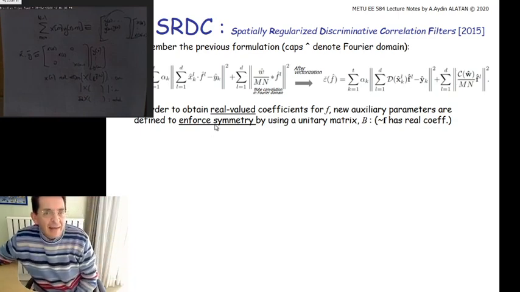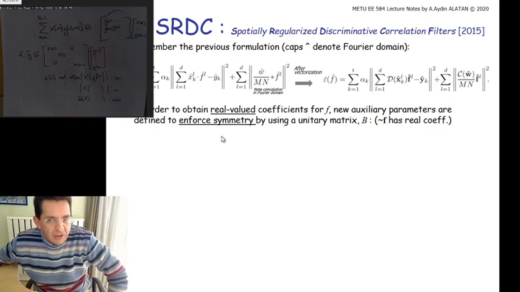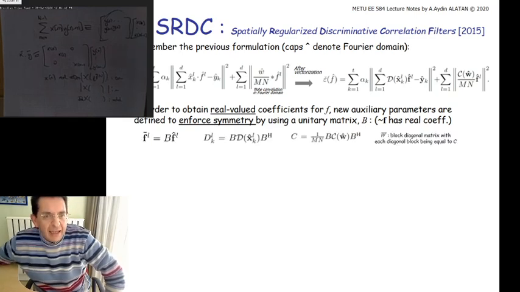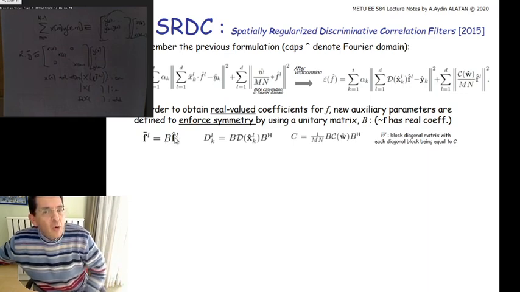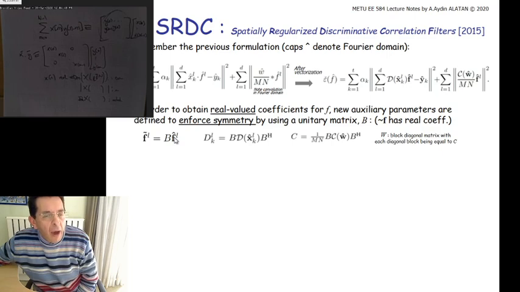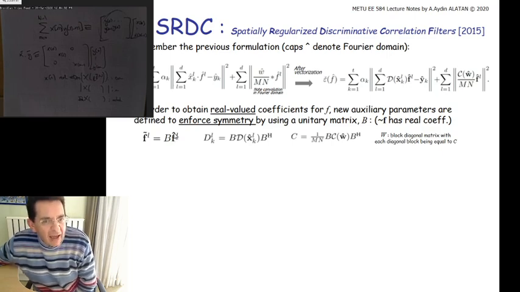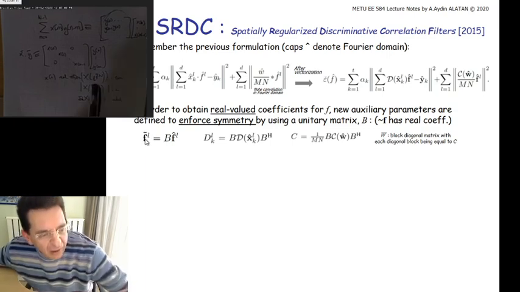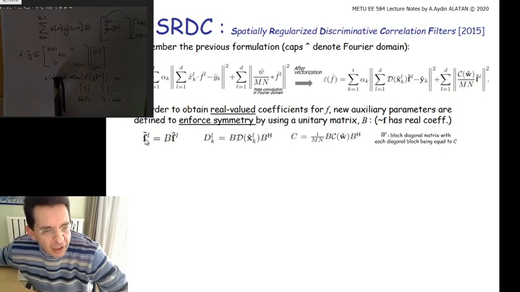This symmetry will be enforced by the help of a matrix. In other words, you are adding the appropriate entries of your DFT in such a way that the resulting thing is symmetric. That symmetric thing will give you for sure real data.